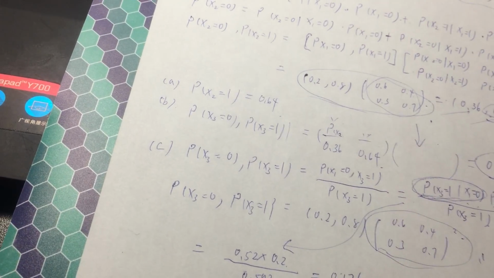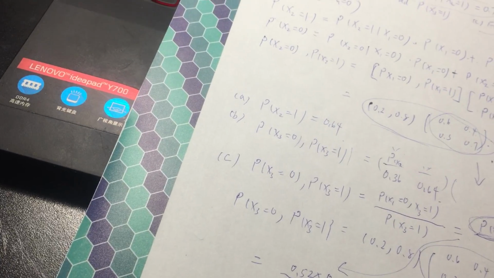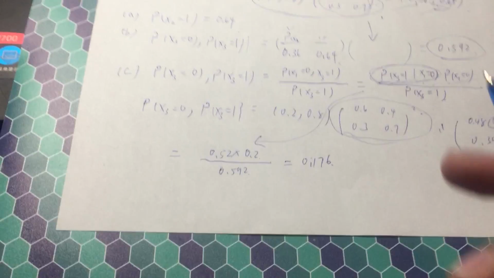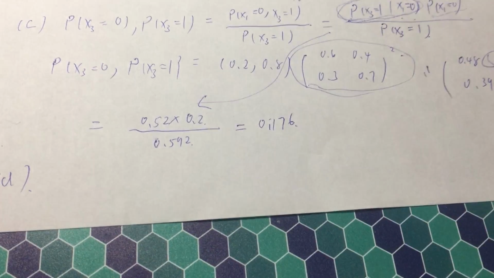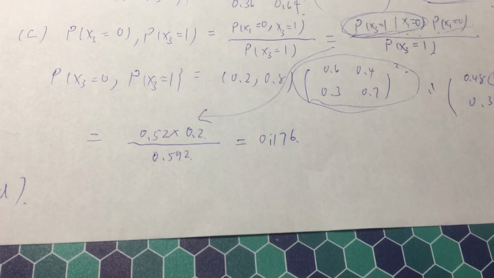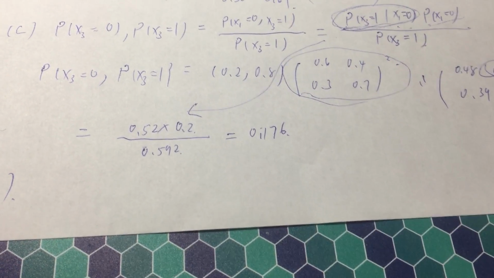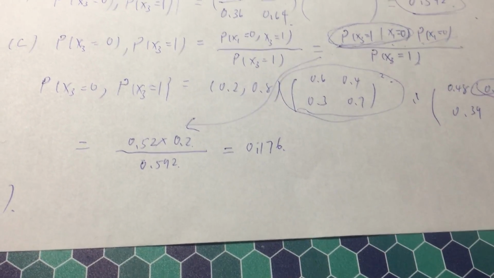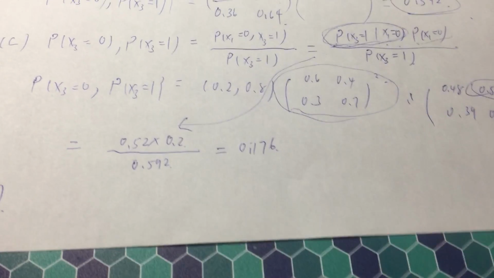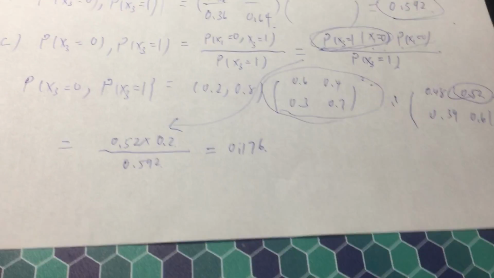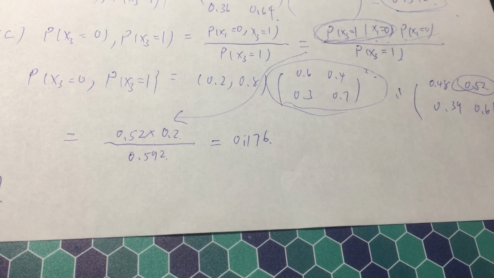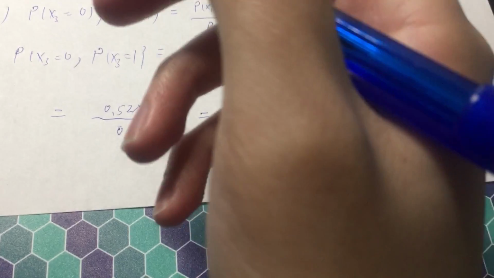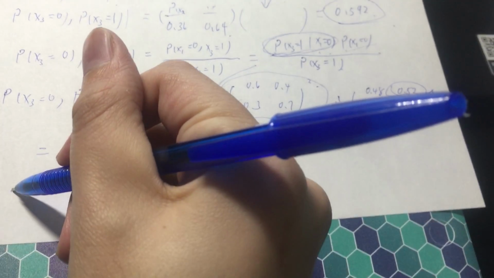So there is only one part left. Part D requires you to find the limit of the probability xn equals 0. Like the matrix above, we can list the matrix.